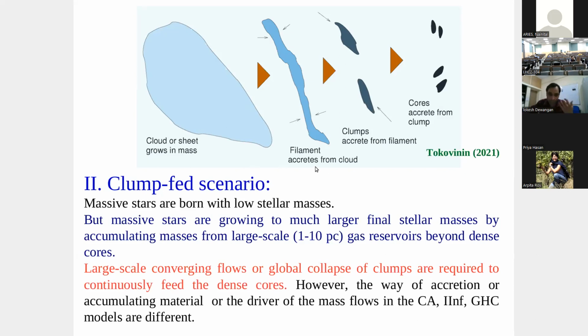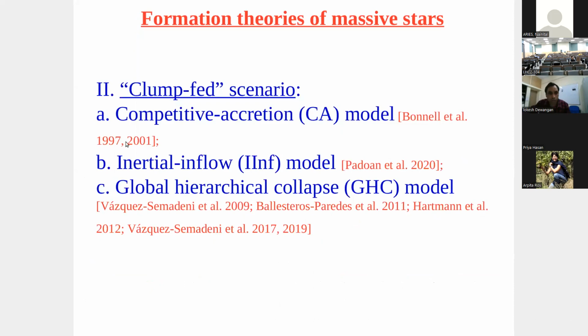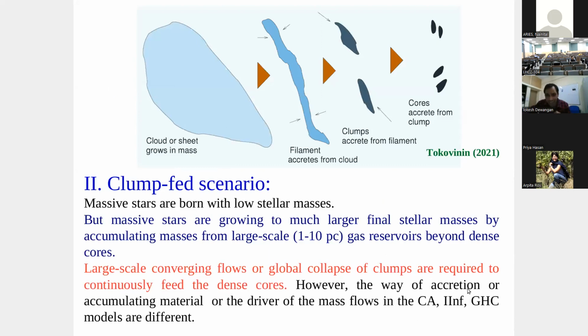Now there are the three flavors I mentioned: competitive accretion, inertial inflow, and GHC. The driver of mass accumulation, the way the mass flows, is different if you go for inertial inflow or GHC. This is the only difference, but overall the scenario is that the low mass star gets material from its surrounding large scale environment.